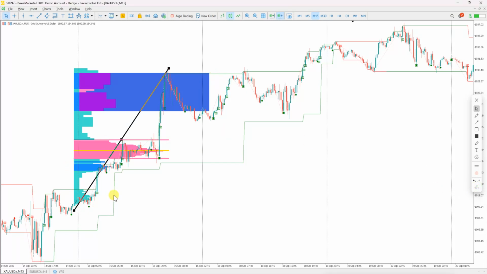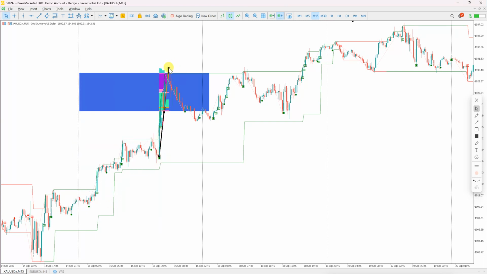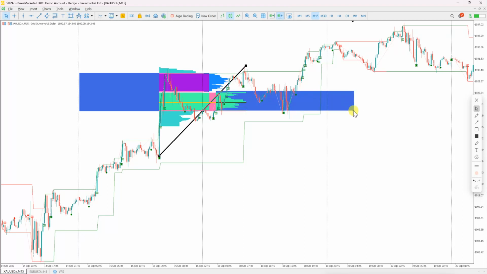Okay, let's see the volume profile from here to here. Okay, notice here the price went back inside the value node, right? The value area.